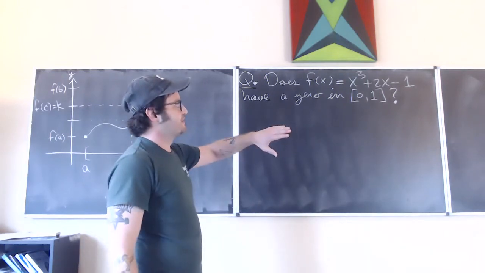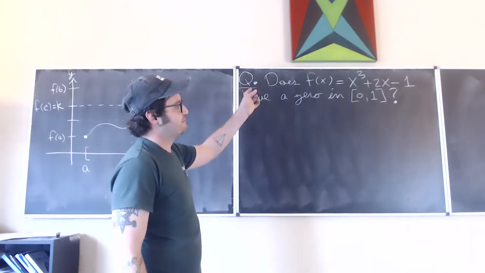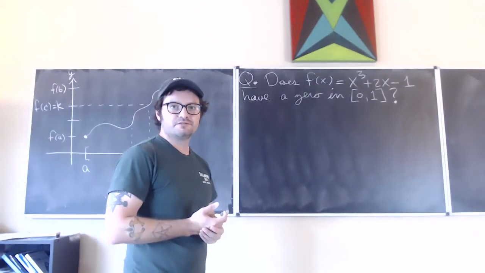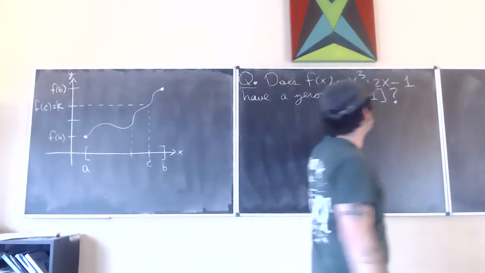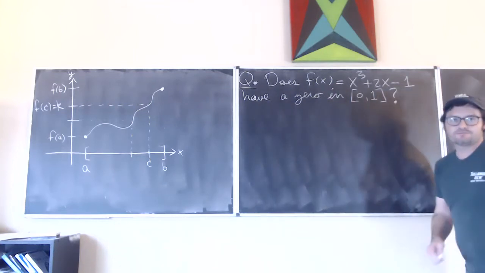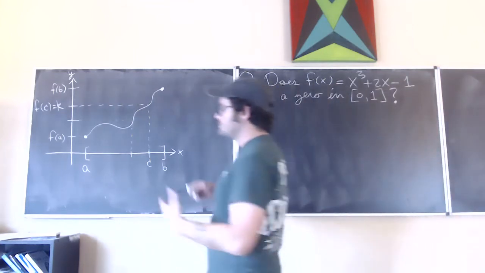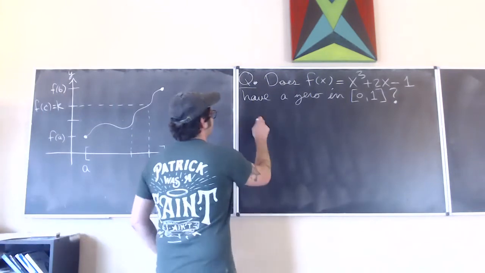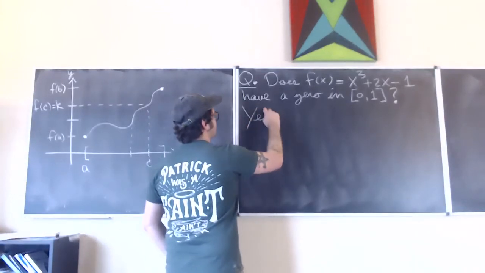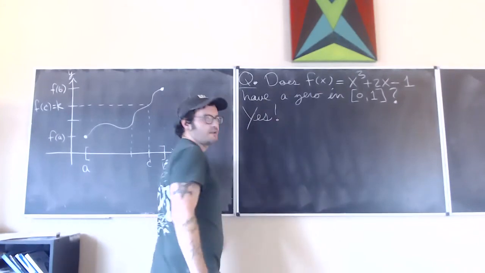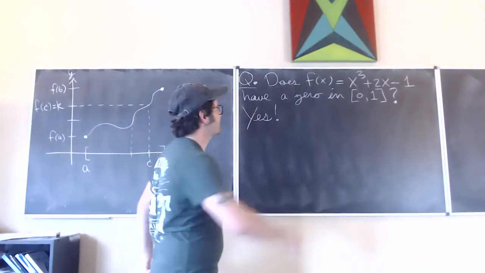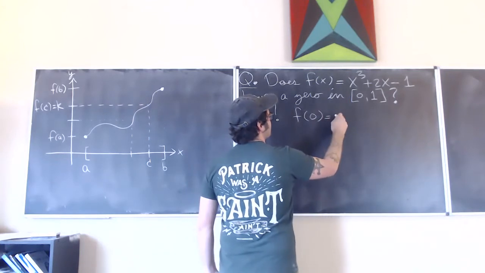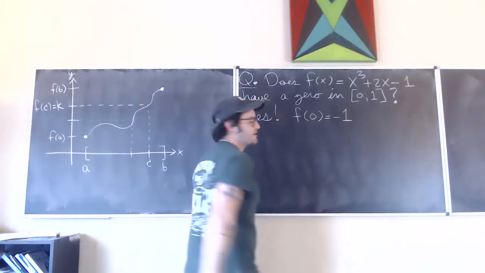So we're not going to explicitly find the 0. We're just going to know if there's a 0. If there's a value of x in this interval that makes f of x equal to 0. And we can use the intermediate value theorem to tell us. And the answer is yes. How do we know? What's f of 0? It's minus 1.